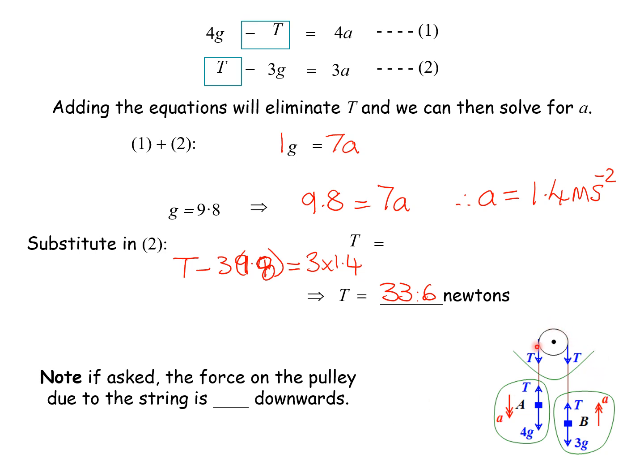What forces are acting on this pulley? Well, there's a tension there and a tension there, so the force acting on the pulley is 2T, if you were asked. 2 times tension, which in this case will be 2 times 33.6.